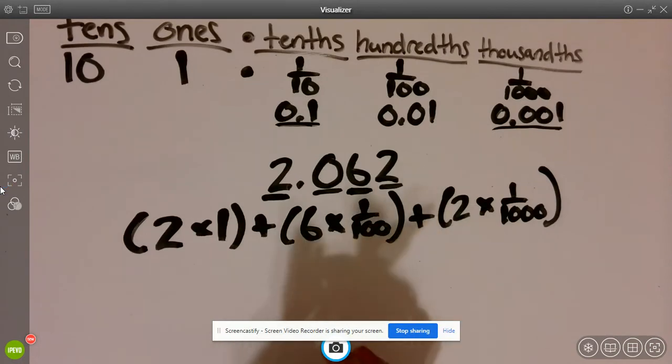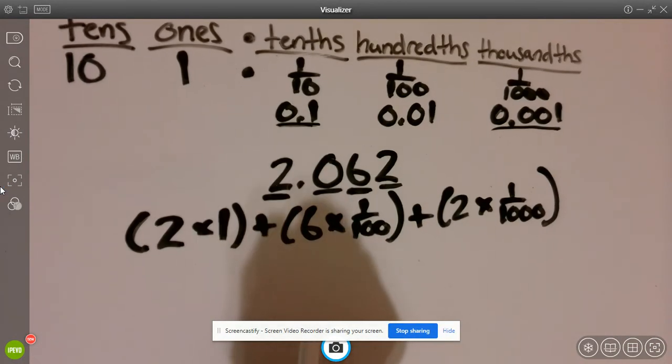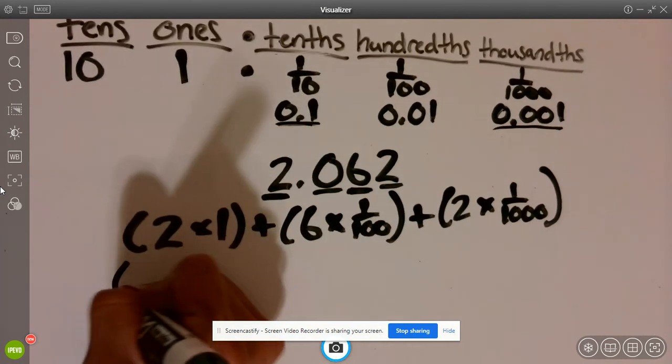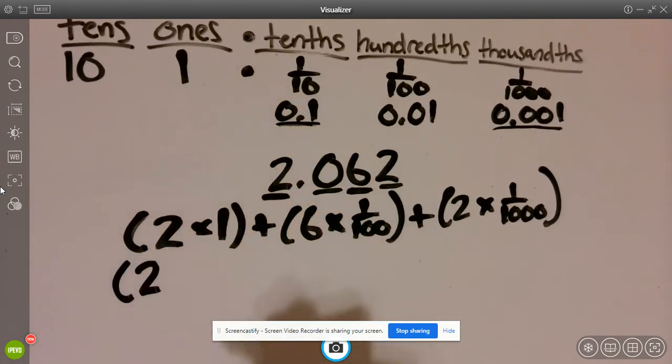Now let's write the same number in expanded form using decimals. So my 2, again, is in the ones place value, so 2 times 1 stays the same.